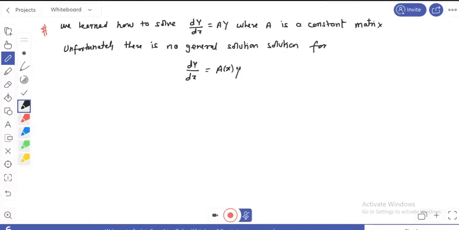Okay, so here we mark this equation as star, where A(x) is a non-constant matrix.